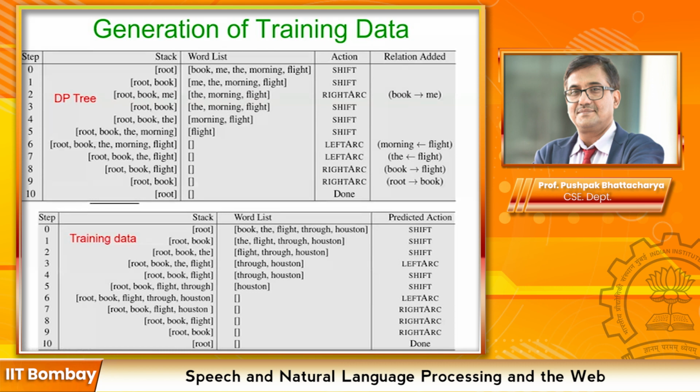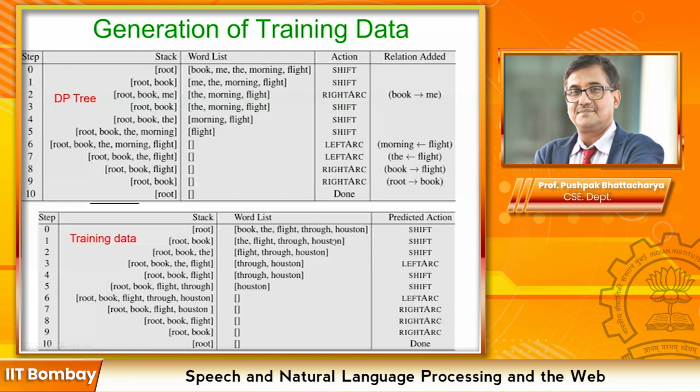the training data can be obtained from the dependency parse trees already available. Prague tree bank gives me the dependency data. So when there is root on the stack, that is the only thing on the stack, and the word list is non-empty, then obviously there is nothing to learn really.